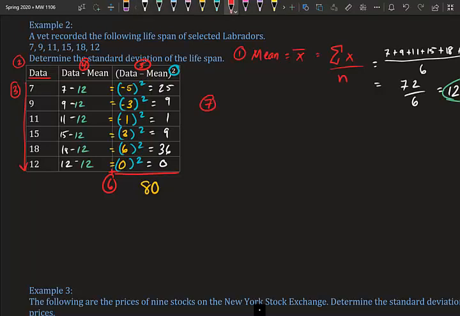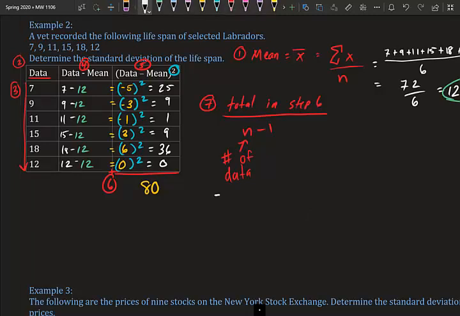Our seventh step is to take the total in step 6 and divide it by n minus 1. And n is the same n as we found for the mean. It's the number of data that we have. We have 6 values for our data, so that's what we're going to plug in.